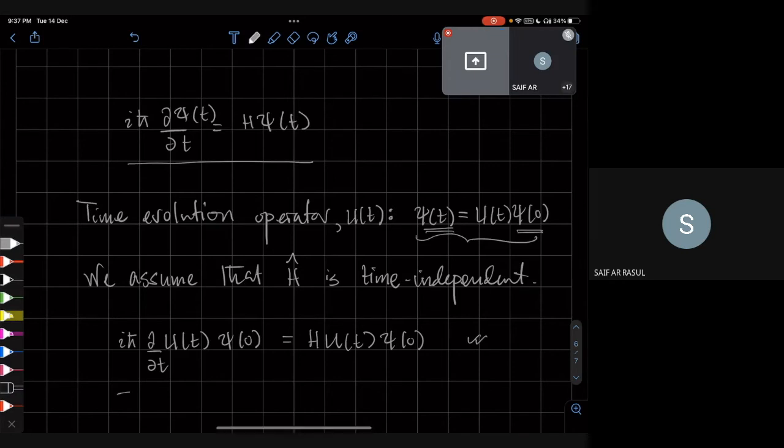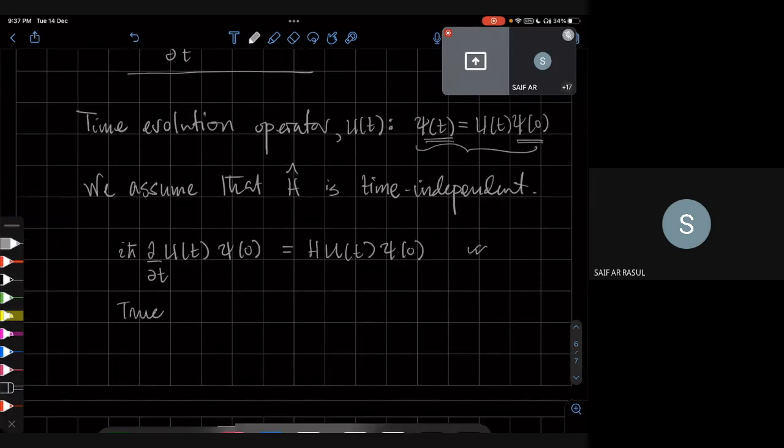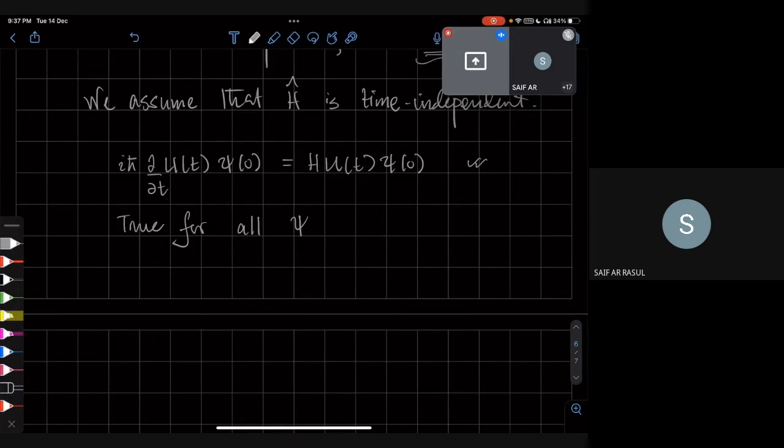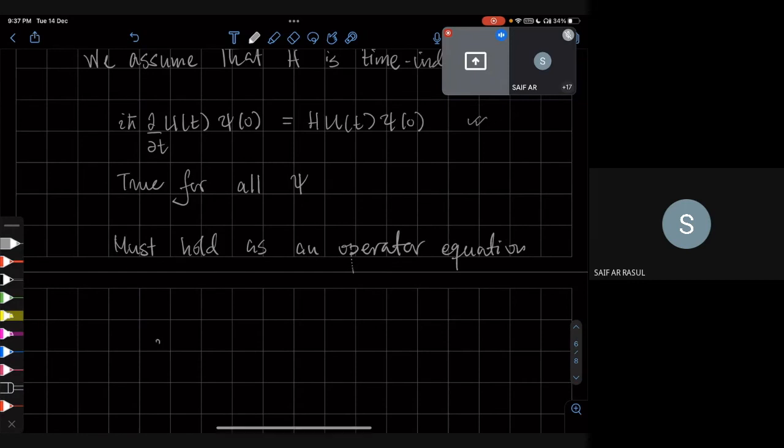So this equation must hold as an operator equation. So we can write this equation as i h bar dU by dt equals H, and that's it.